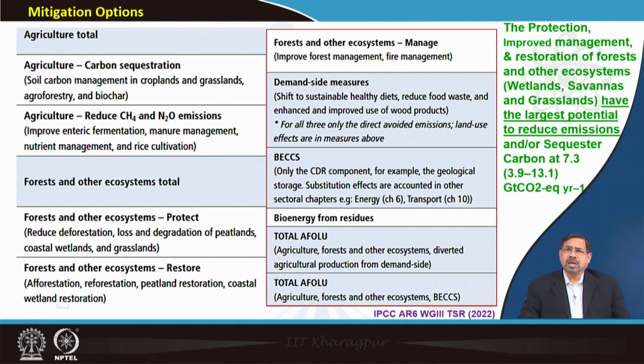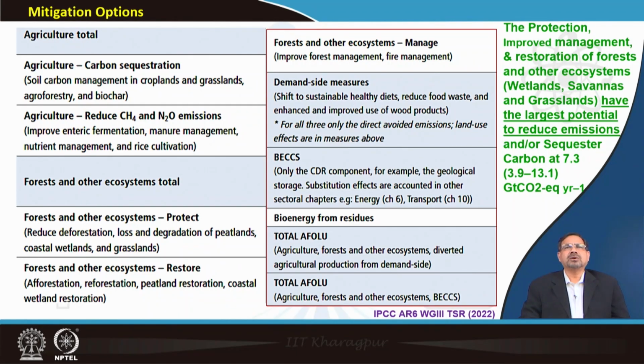So if we carefully manage this sector, then we can reduce a lot of other greenhouse gases, that means methane and nitrous oxide emissions, whose GWP, the global warming potential, is very high in comparison to carbon dioxide.